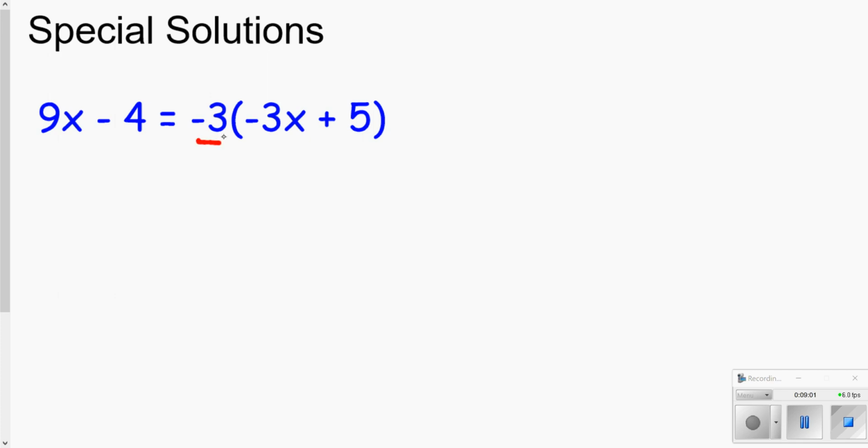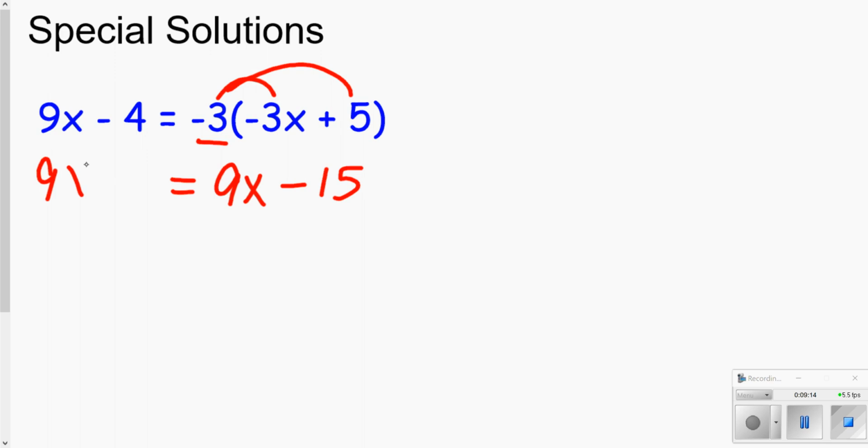But if I start by distributing the -3, -3 times -3x is 9x, and -3 times 5 is -15. Now, at this point, I'm going to choose a variable side and a number side. Notice that both of the variables, 9x and 9x, are the same. So I just have to pick one side to be the variable side and one side to be the number side.